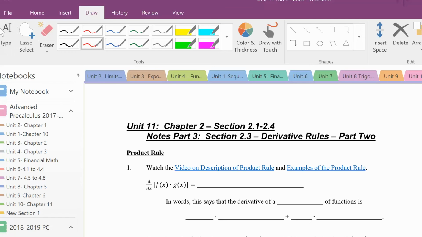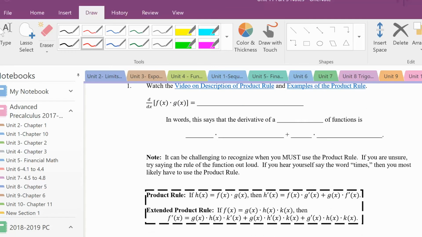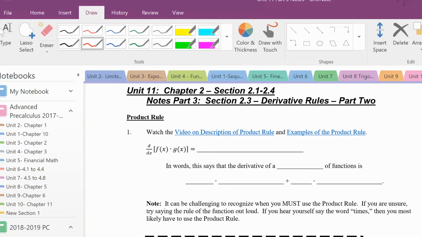The first rule is the product rule. When you multiply two functions together, the derivative is equal to f of x times g prime of x plus g of x times f prime of x.